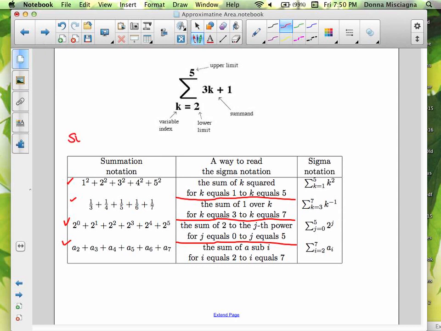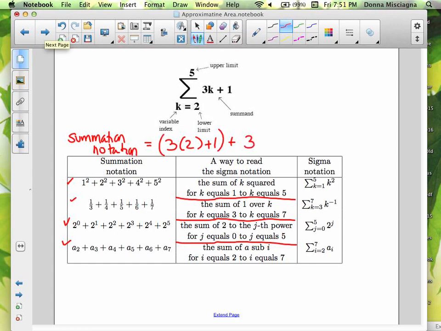In summation notation, that would be equal to, so we're starting off with 2. 2 is our lower limit. 3 times 2 plus 1. And 3 times, and I'm just going to put parentheses around it.